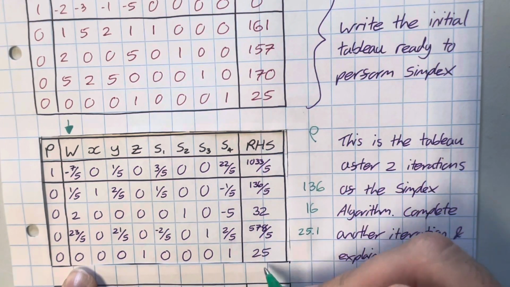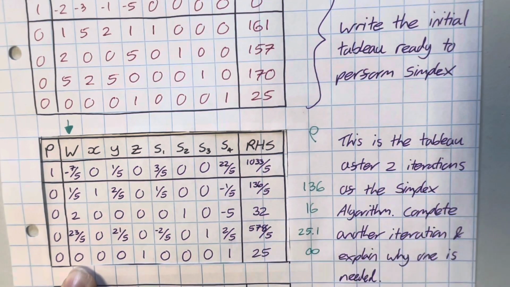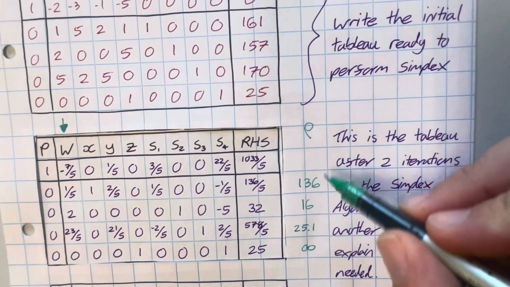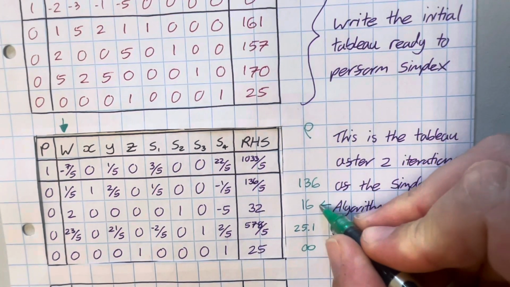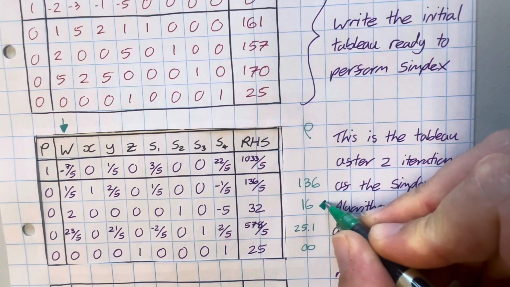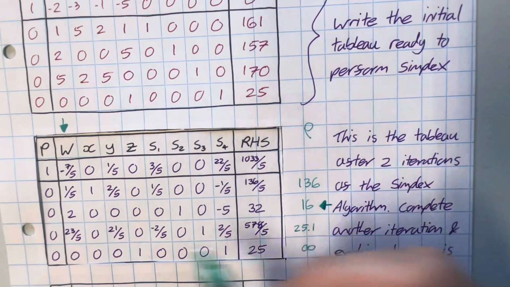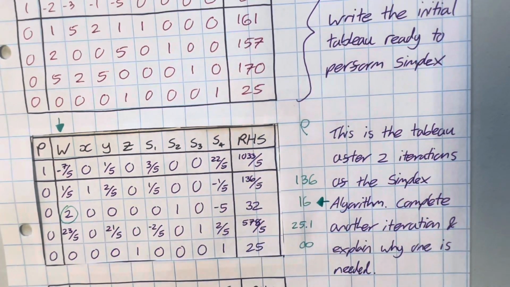And this is 25 divided by 0, which is infinite. So the smallest positive value is this one here, so that is the one we're going to move in. That's the direction, and this is our chosen pivot.